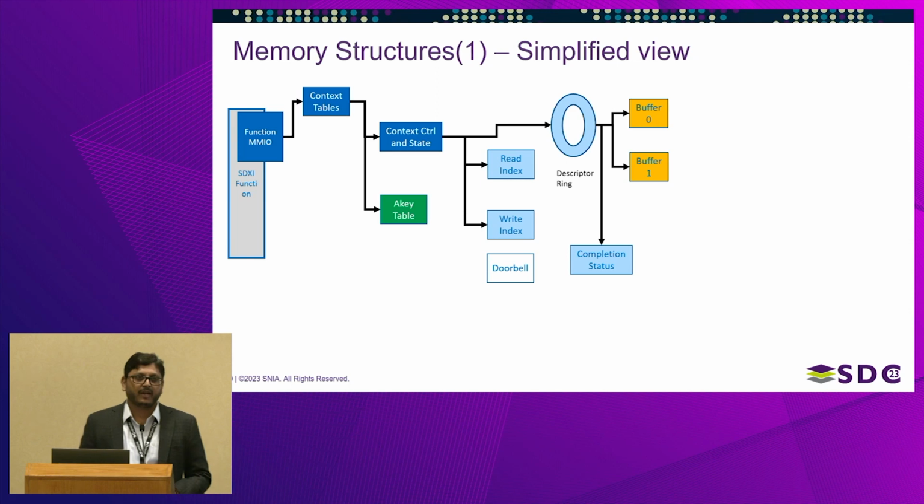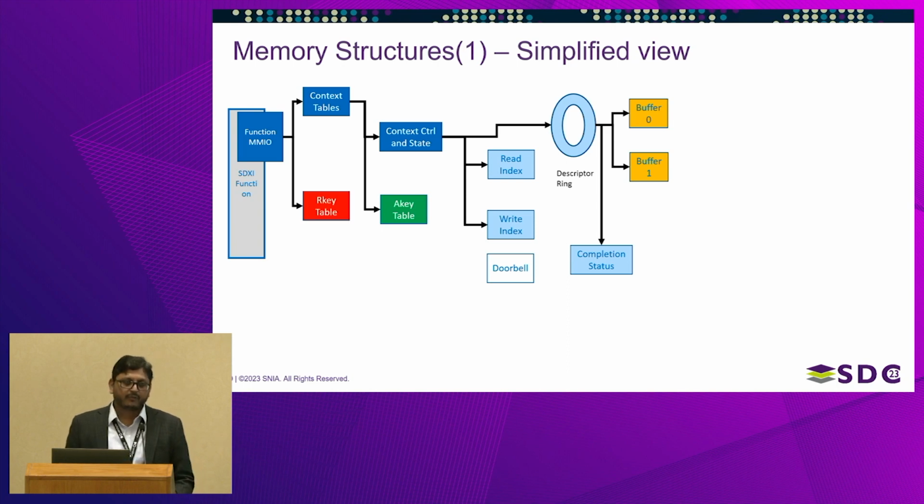And this is governed by something called an A key table, or the address access key table, which tells you what are the different address spaces that you can target for your memory data movement. The same way, you need some kind of protection if a remote function is trying to reach into your local resources, to make sure that it's allowed to do that. And that mechanism is provided by an R key table.